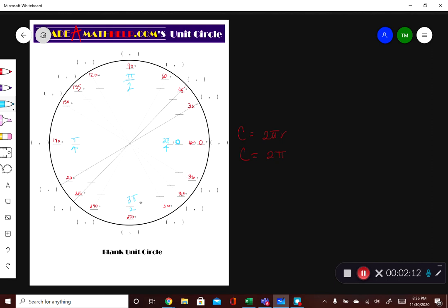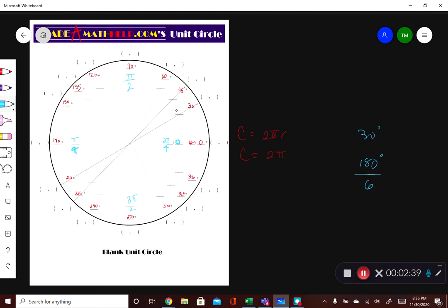So from here, we're going to take this and break down the other angles. And we're going to think about it relative to the relationship with the pi that we have over here at 180 degrees. So 30 degrees is what fraction of 180 degrees? Well, it's 1/6.